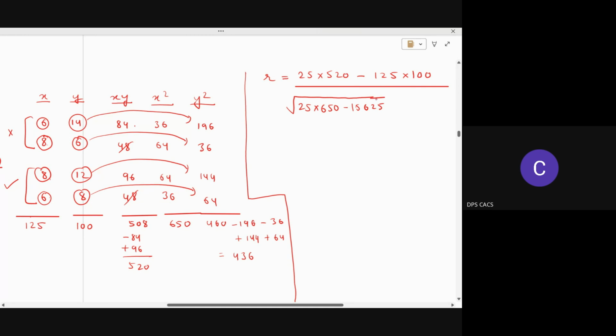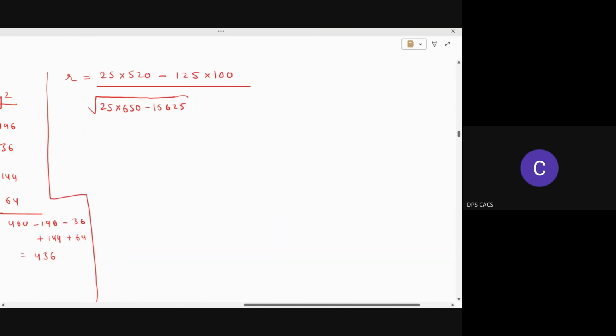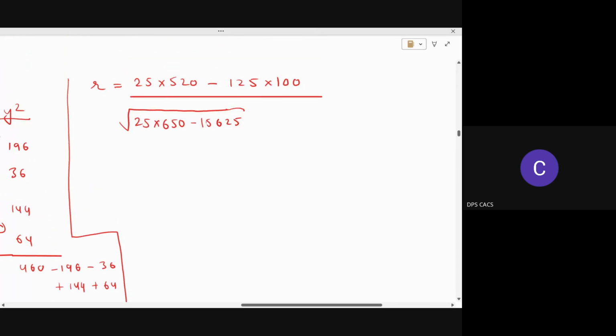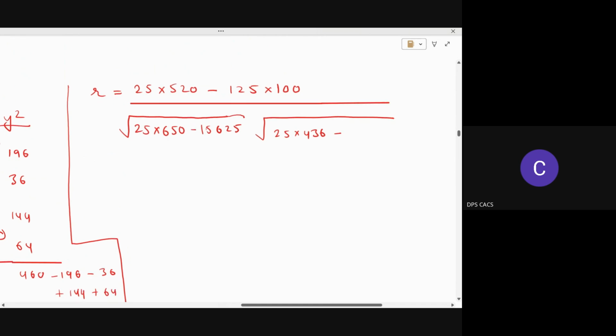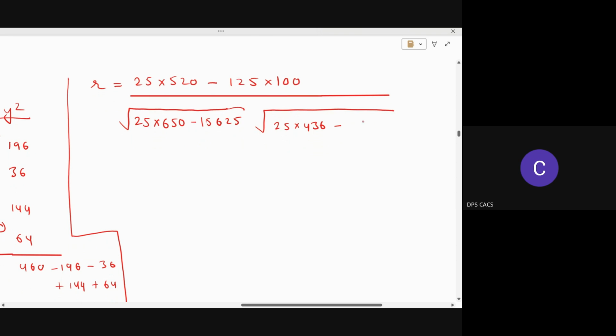This is one root. Another root: 25 into 436, we have corrected it, right? Minus summation y, how much was it? 100. 100 square is 10,000. Clear? And solve it, you'll get your answer.